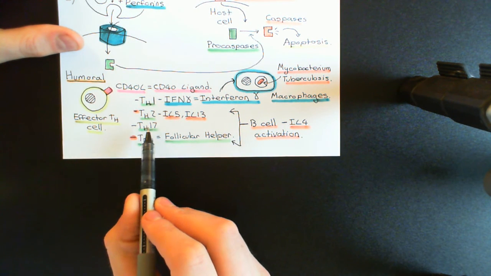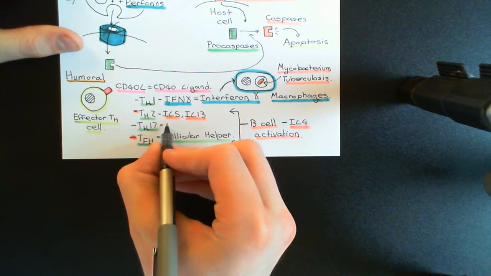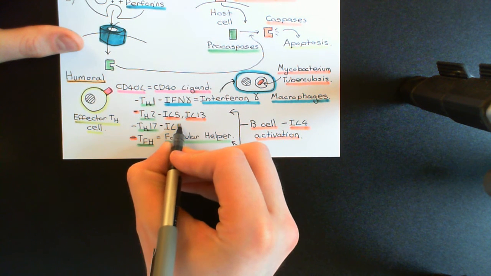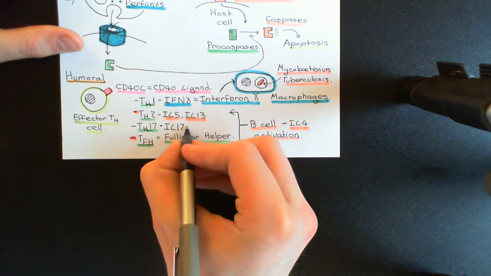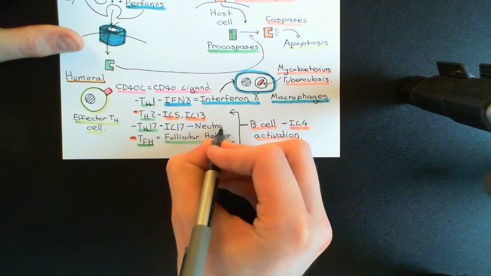Now what I want to talk about is the side function of T helper 17 cells. They produce a cytokine known as interleukin 17, and interleukin 17 is fantastic at calling for loads and loads of neutrophils.